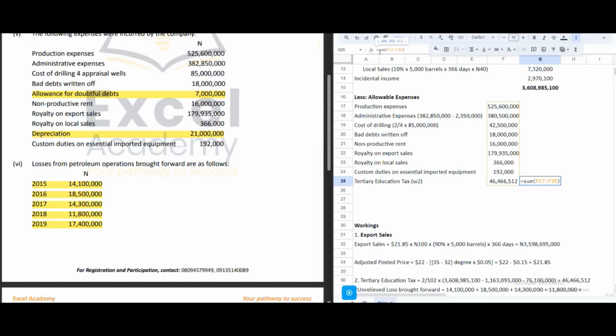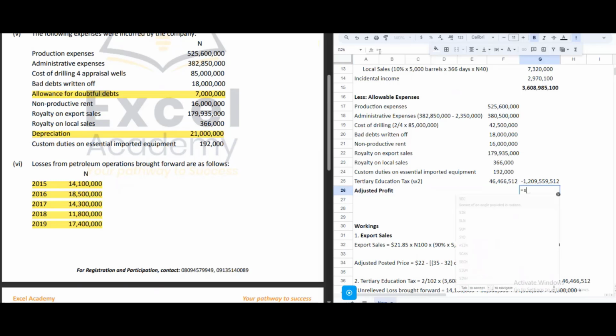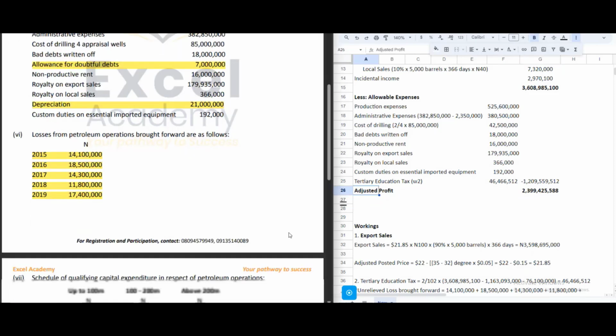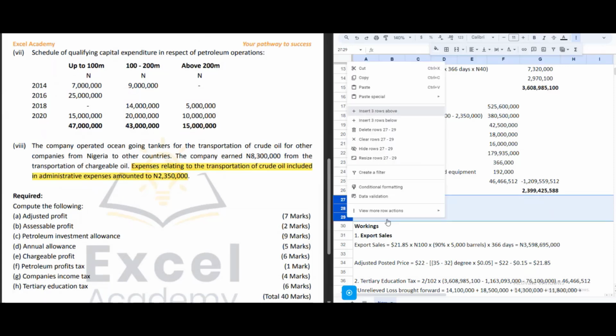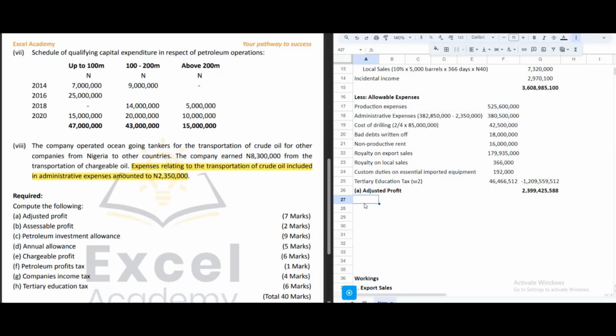So with that now, we can calculate our adjusted profit. The difference between the total revenue and this total allowable expenses is the adjusted profit. So here we've done what we were asked to do in A. The B is now saying that we should do the assessable profit.